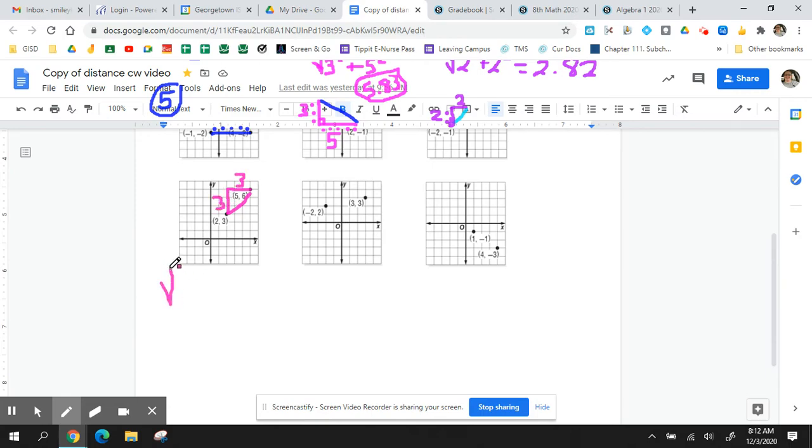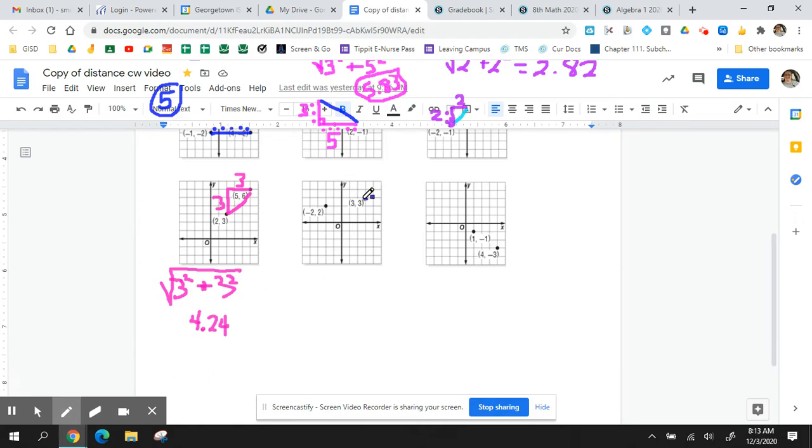So we have the square root of 3 squared plus 3 squared. If you type that in your calculator, you will get 4.24. It is a really long decimal, we just bring it down to 2 places.